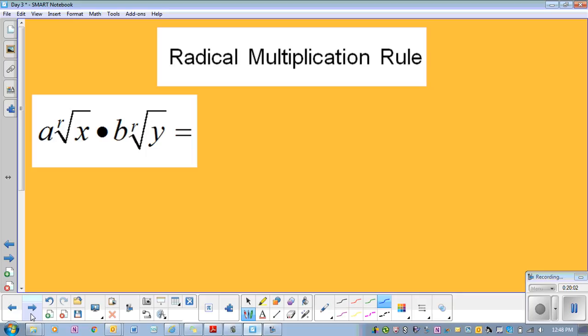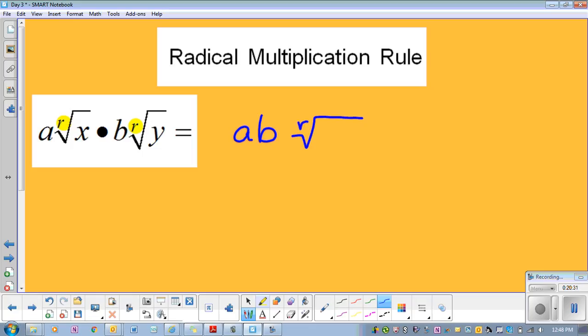What you do is you're going to multiply A and B. So just like the adding and subtracting, they need to have the same root. But unlike the adding and subtracting, you can have different stuff inside the radical and still multiply. So you can have A times B.